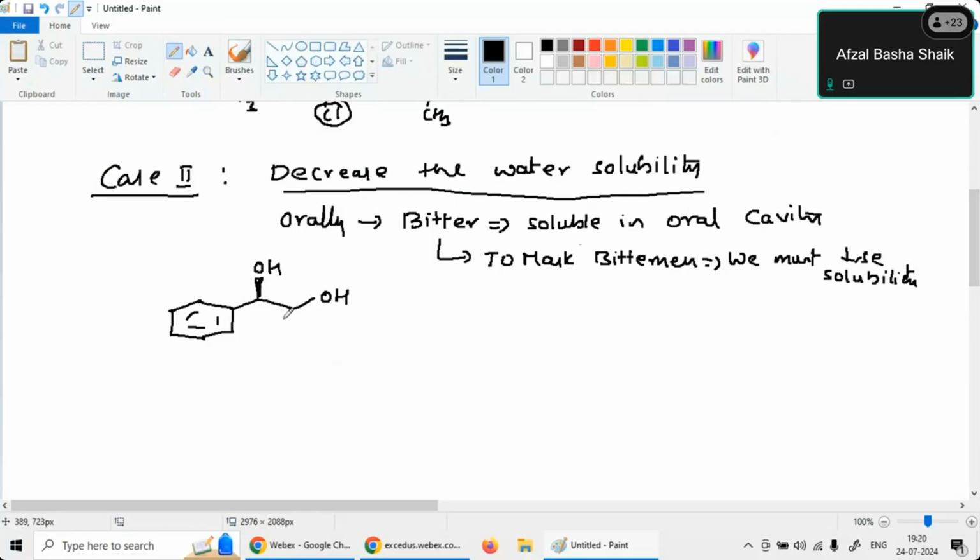This molecule is known as chloramphenicol.